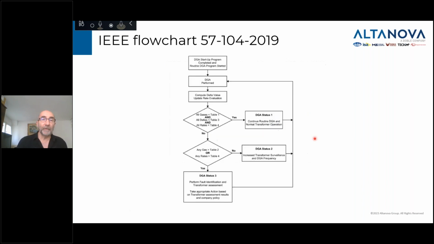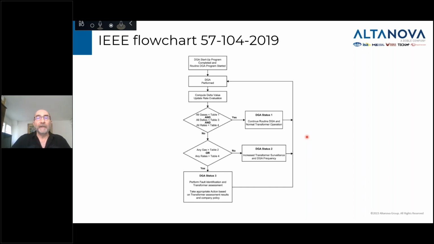The next one that has been developed is the new IEEE flowchart, C57.104-2009. It's a little bit the same principle, but this one takes a lot more into account. The C57.104 has been developed by looking at data from over 100,000 transformers and over 1 million DGAs over the years, and it's a much more thorough analysis of the data of your transformer, but it needs a lot more data.